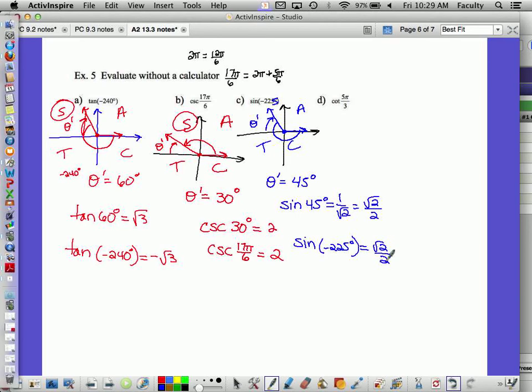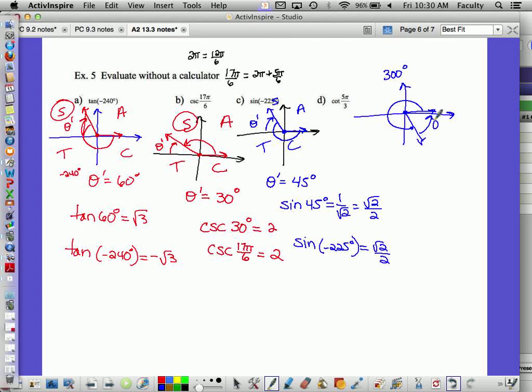Cotangent 5 pi over 3. Okay, it's in radians. So I'm going to cover up the 5, and I know pi over 3 is 60. Then what's 5 times 60? 300 degrees. So let's draw 300 degrees. Now this one's positive, so I'm going to come around this way.